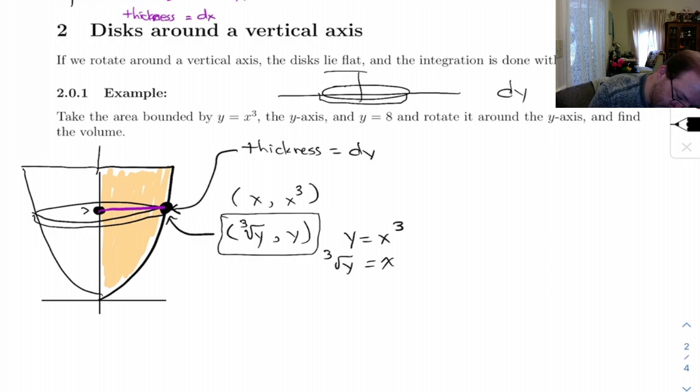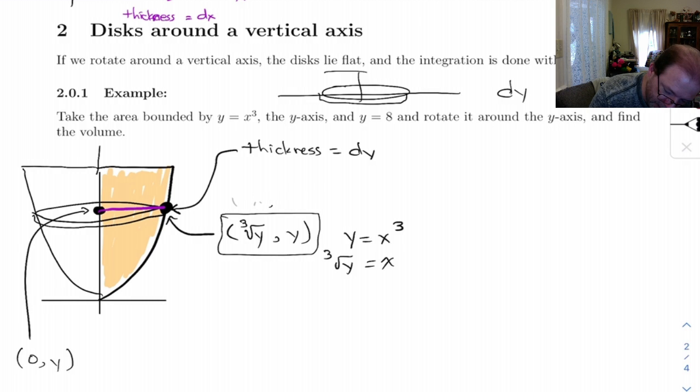Now this point over here, its x-coordinate is 0 because it's on the y-axis, but its y-coordinate is the same as the y-coordinate of this one because they're the same height. So the y-coordinate of this is going to be y. I'm going to erase this because we don't really need it.